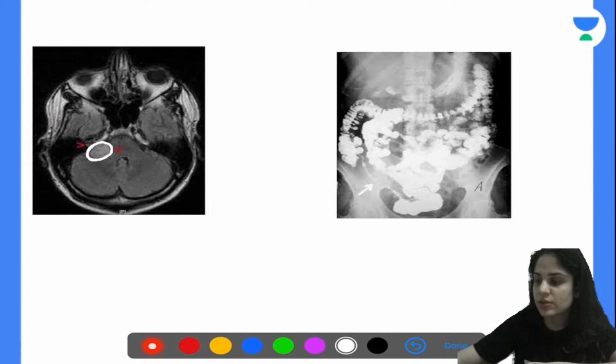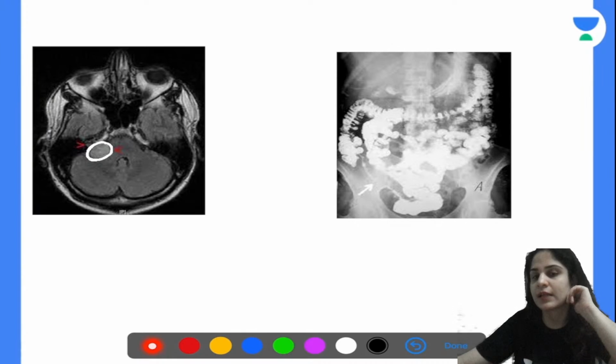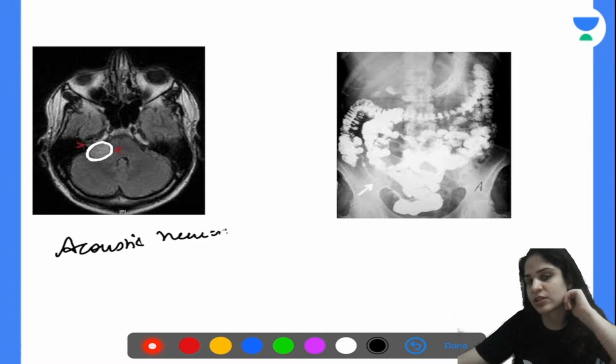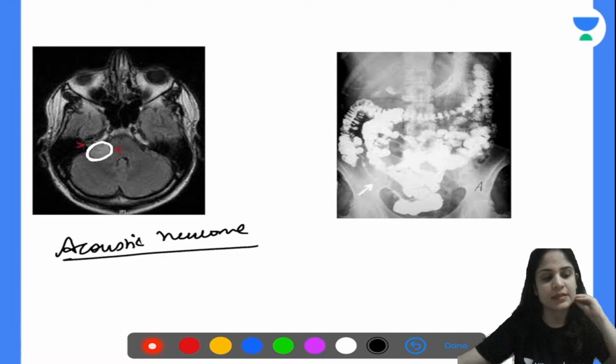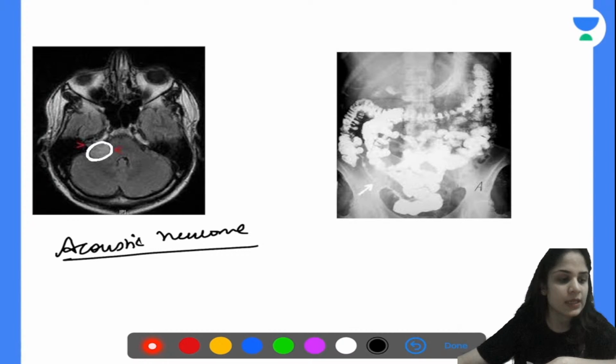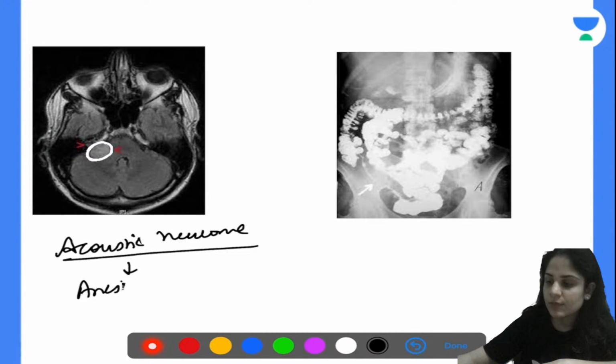In a patient of acoustic neuroma, you will get a sign in which there will be reduced sensation in the posterior part of the external auditory canal because of the tumor compressing on the facial nerve. Any idea what is the name of that sign? Anesthesia over the external auditory canal because of compression of the 7th nerve. The name of the sign is Hitselberger's sign.